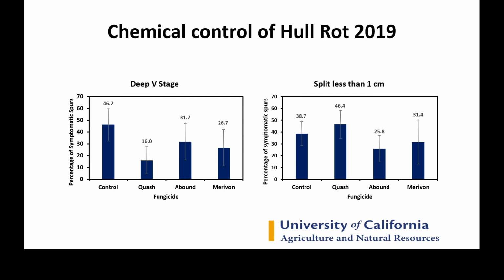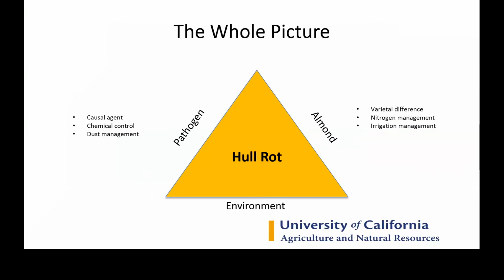Hopefully, we are seeing the same trends using this chemical at the deep V and even maybe when the fruits are totally split, maybe we can reduce the Aspergillus incidence in the orchard. I will finish my talk by putting this whole picture together.